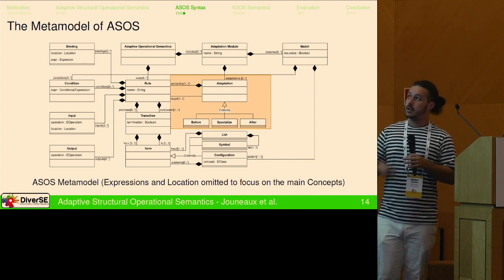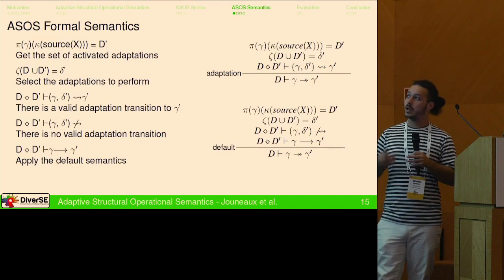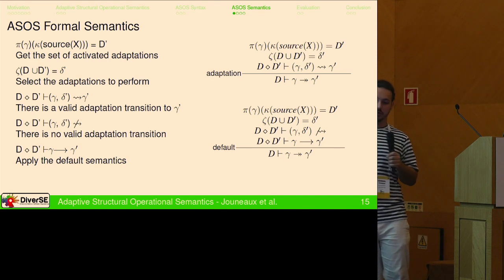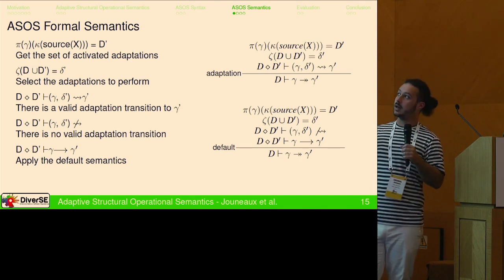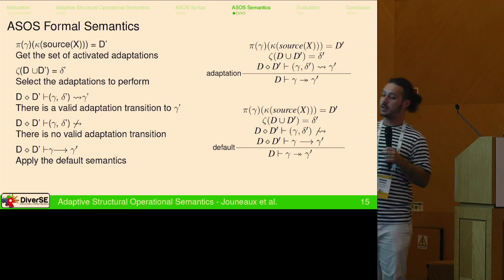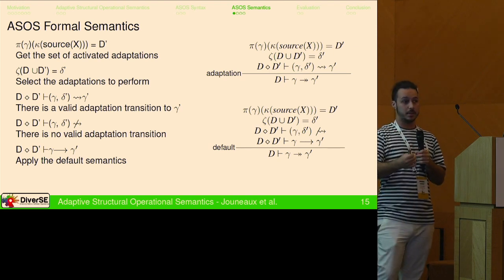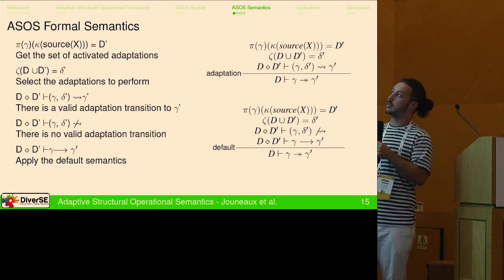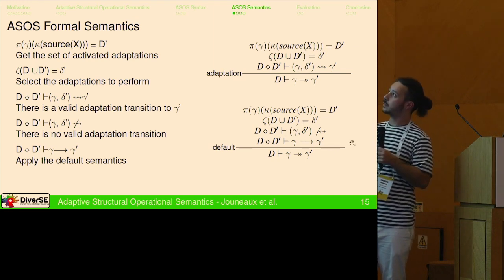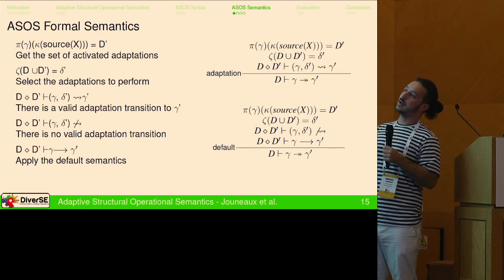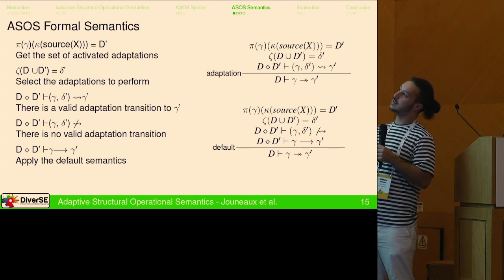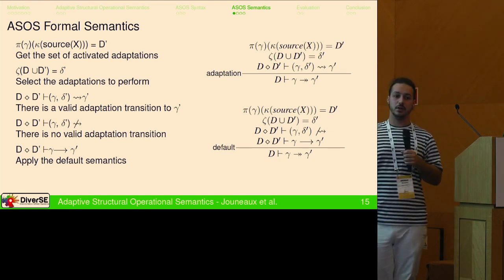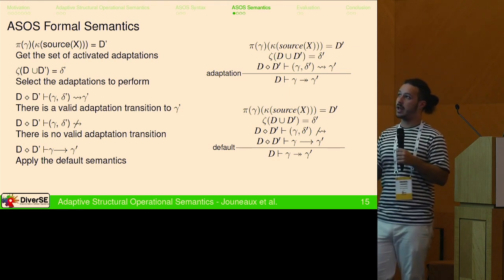So now that we know a bit more about the syntax of the metalanguage, we provided some formal semantics. I will not go too much into the detail of that, but the core idea is that we have to decide if we apply an adaptation or apply the default semantics. The translation of this rule is basically saying that first you get the set of possible or activated adaptations that you might want to apply.